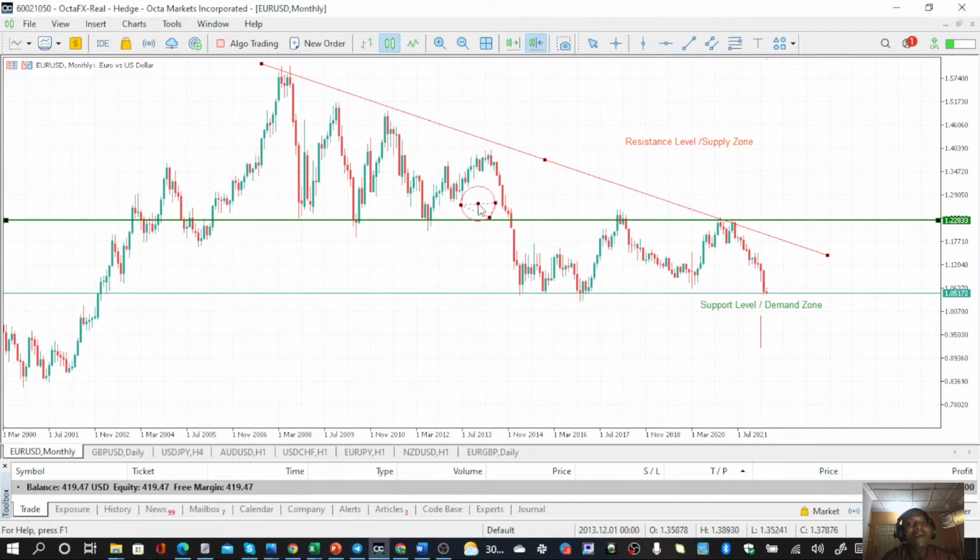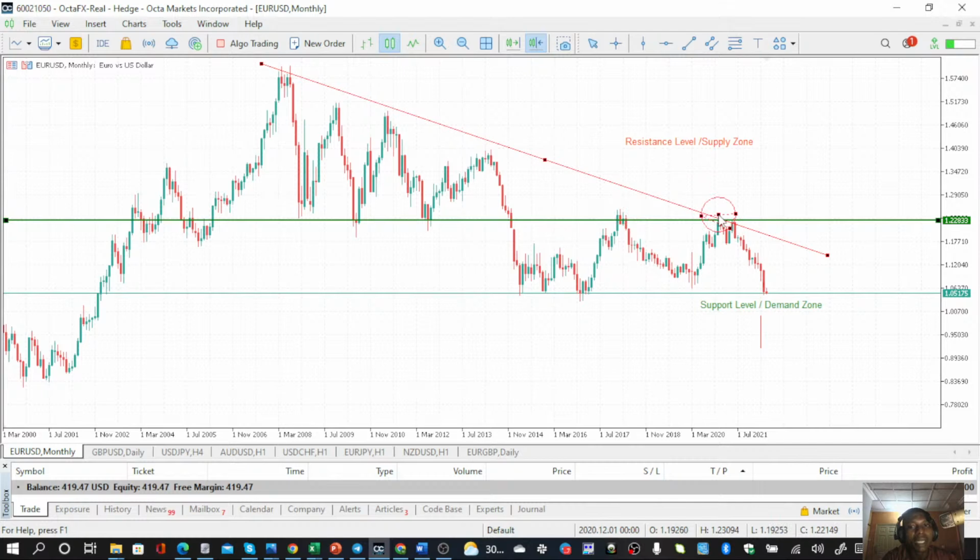Finally there was a breakout below this support level, and price went down, struggled here, and came up again to the same level. You will see that this level that was a support level is now a resistance level here, and has been resistance here, then another resistance level here.